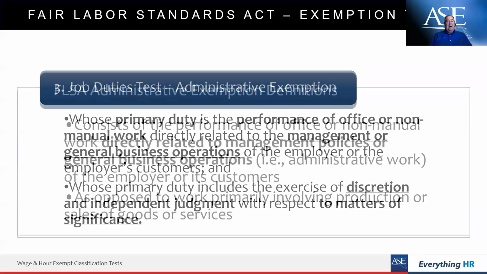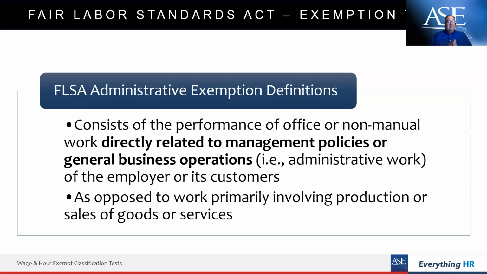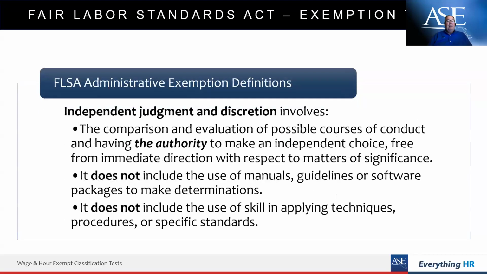To give you an idea of, well, first, the position, the definition consists of performance of non-manual work directly related to management policies or general business operation, as opposed to work primarily involving production or service or sale of goods. That was that production dichotomy I was talking about. But what I was going to get at is independent judgment and discretion.